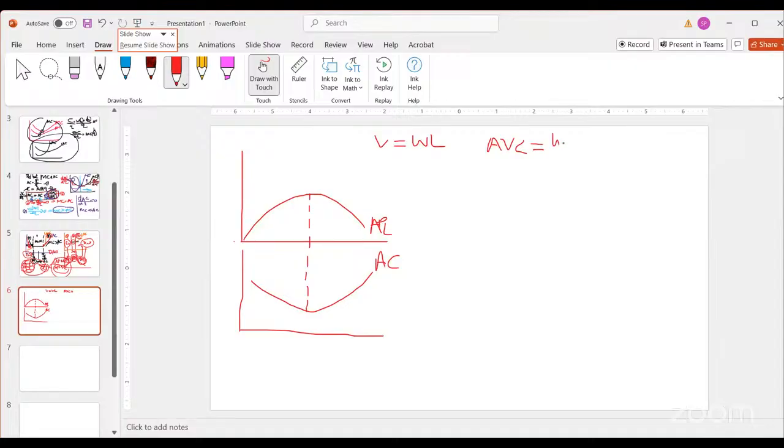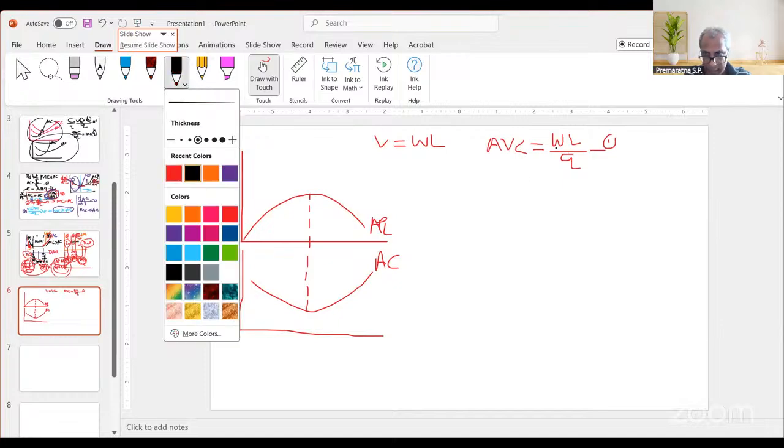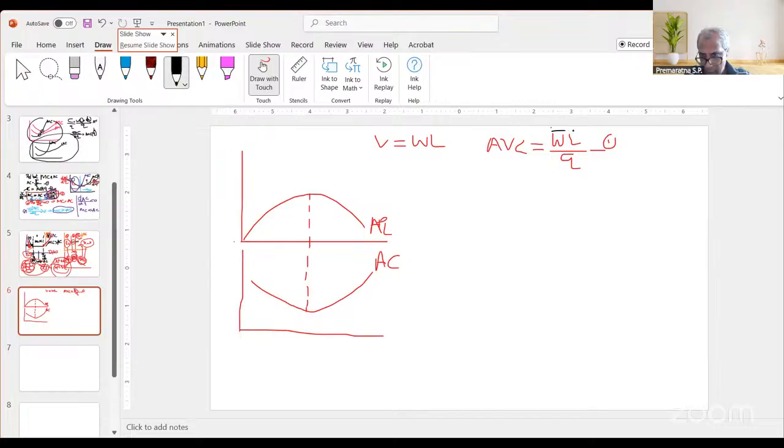WL divided by Q. So that is very simple, right? So in the exam, if I give the question, you have to do this. Now, the average variable cost equals WL, the total variable cost, divided by Q. Here, this W is constant or given. Now look at the rest of the equation.